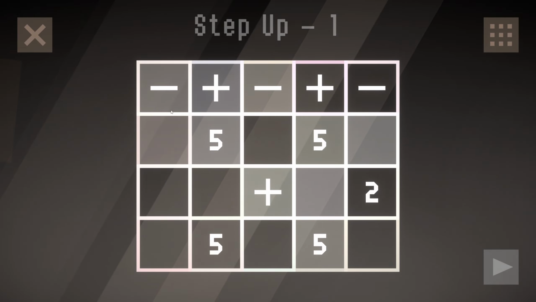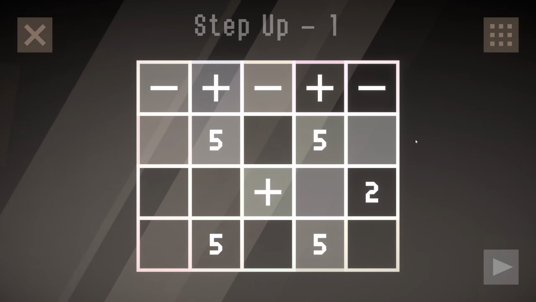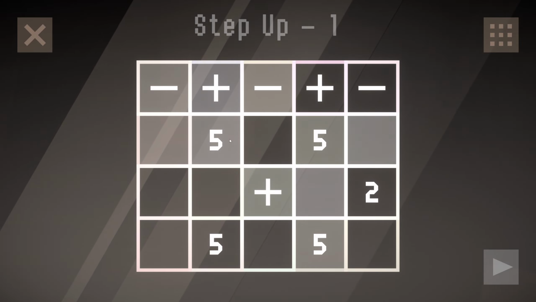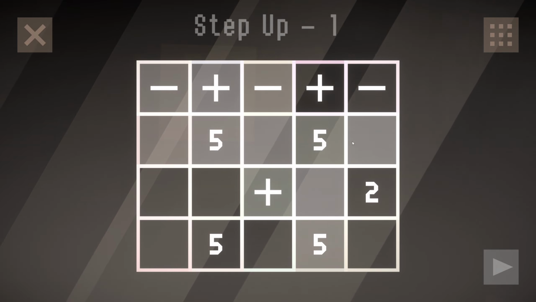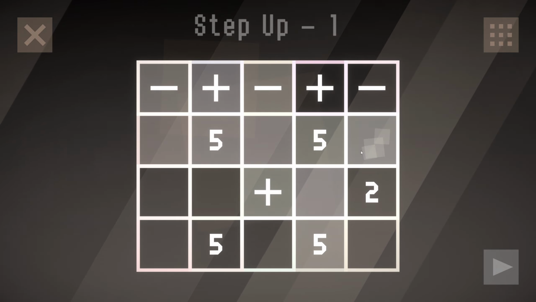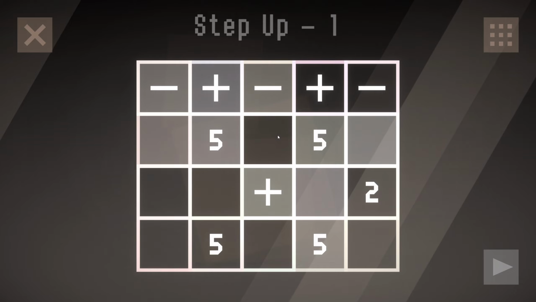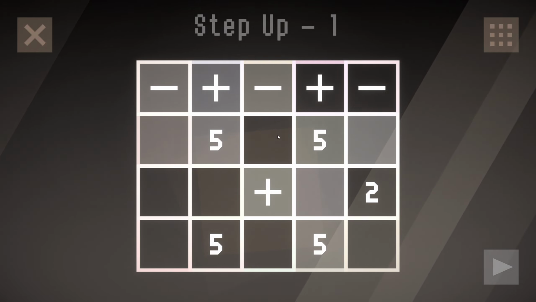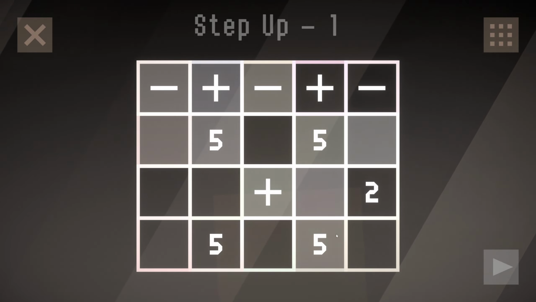5 and 5 and 2 and 5. Can I manipulate this somehow to pick up the other negative? Because it looks so good, apart from this double negative up here and no negative down here.